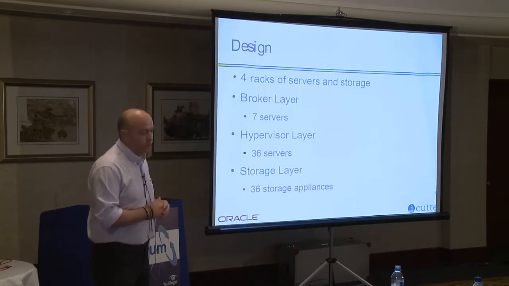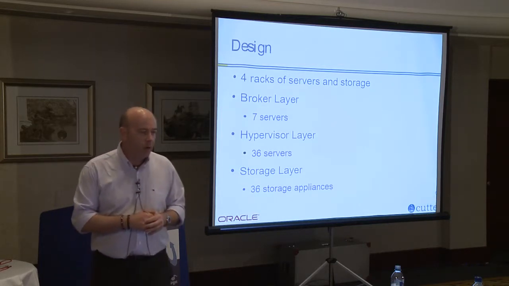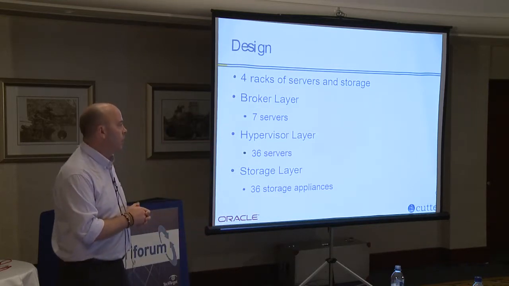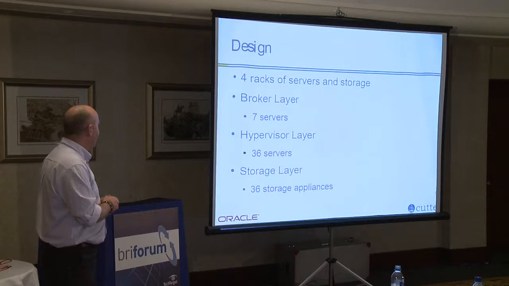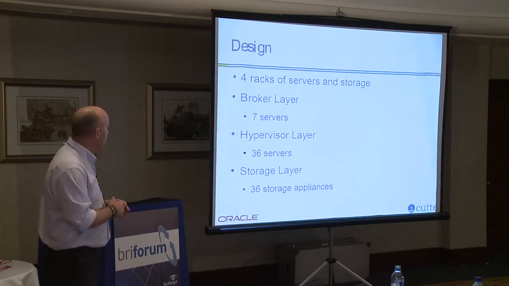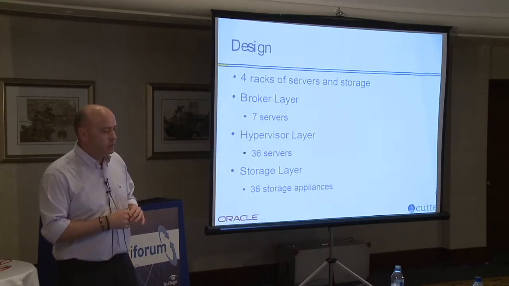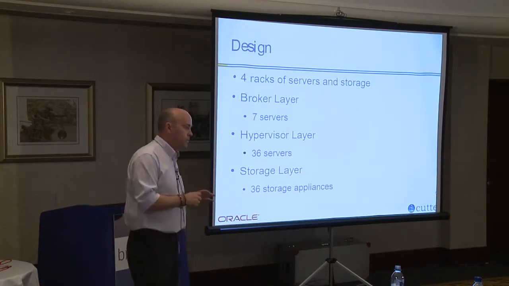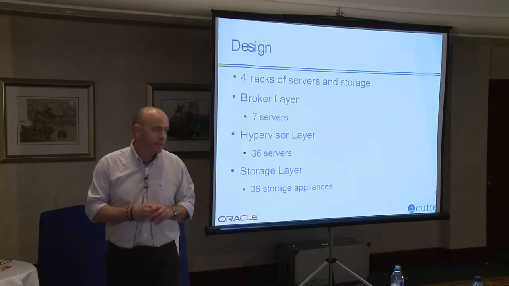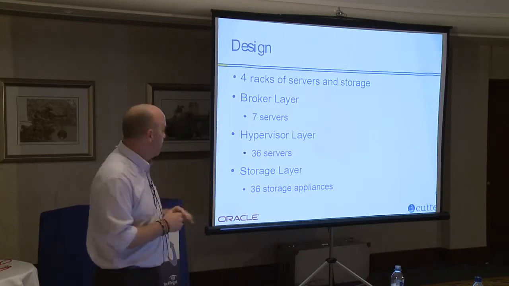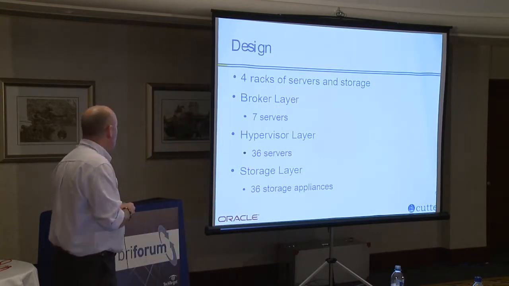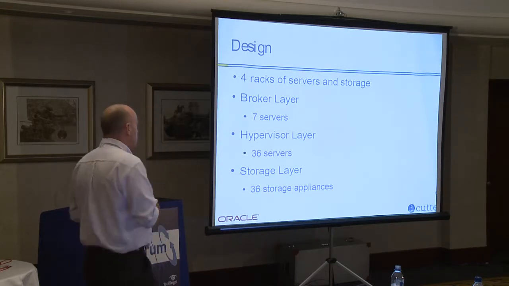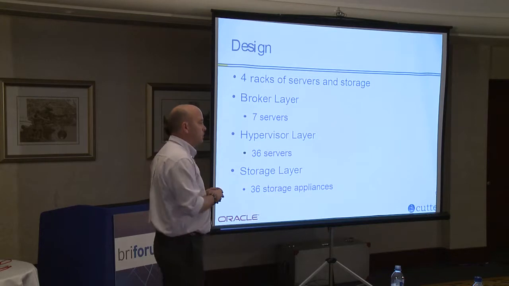Hypervisor layer: 36 1U rack-mounted servers, Sun X4170 M2s, fully loaded with 144 gig of RAM and 2 6-core processors. Each one of those boxes is designed to take around 100 users. During the pilot testing phase with most of their critical applications, we were sat at between 100 and 104 users per box. And then the storage layer is 36 individual 7120 ZFS storage appliances.